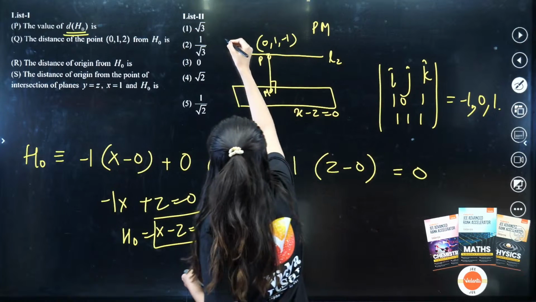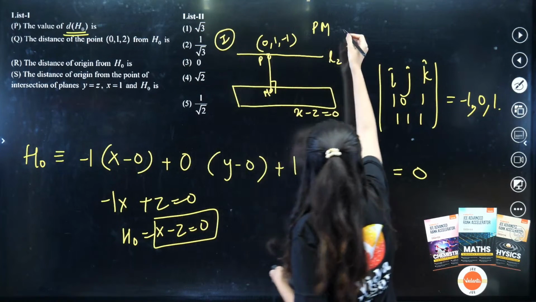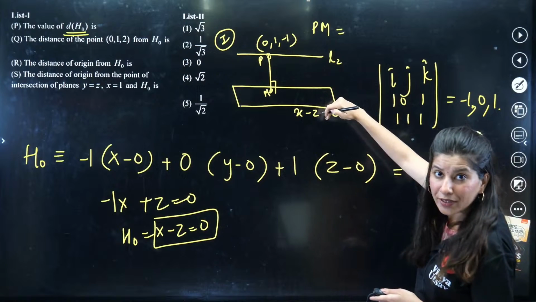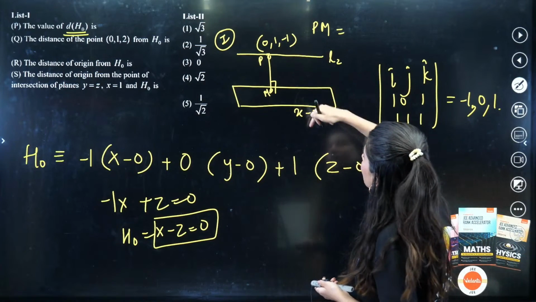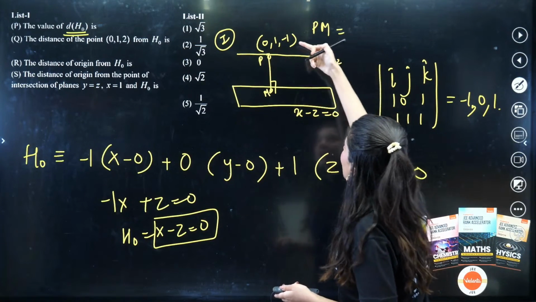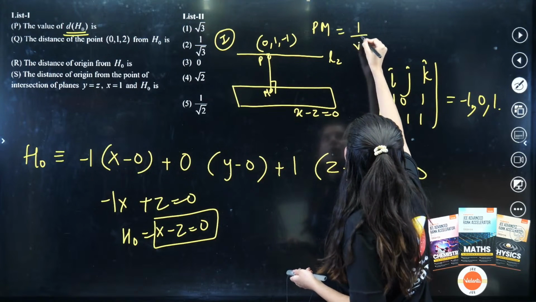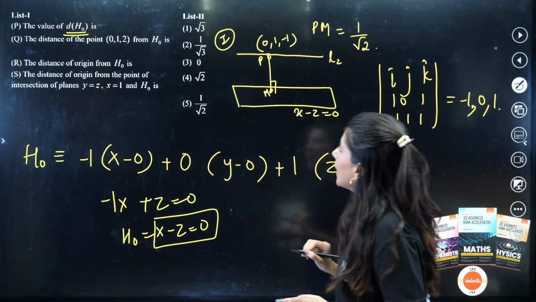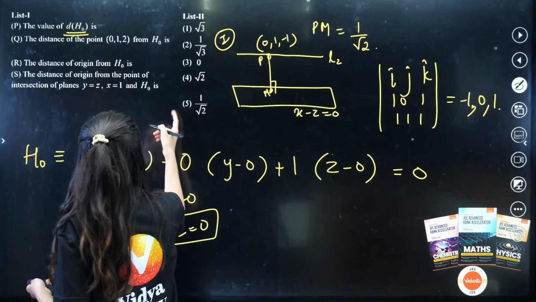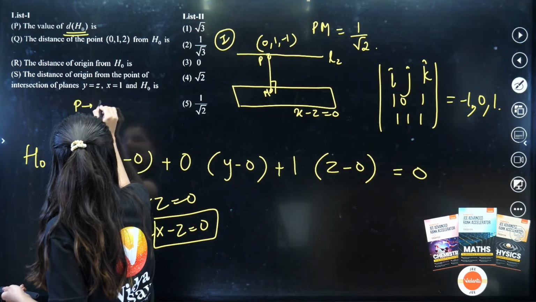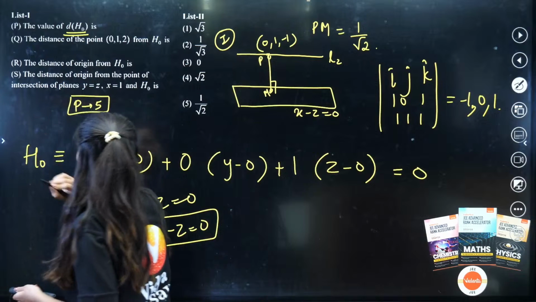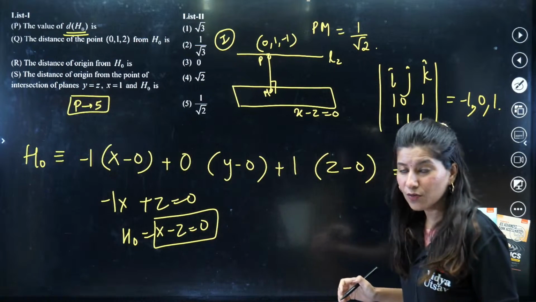This is the first part. PM distance will be equal to, you have to plug in this point in this plane. So 0, 1 is gone and minus 1. So 1 upon root 2, correct? 1 by root 2. So P is matching with 5. This is the first thing over here.